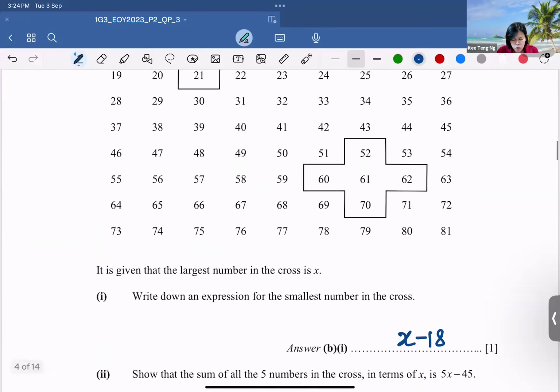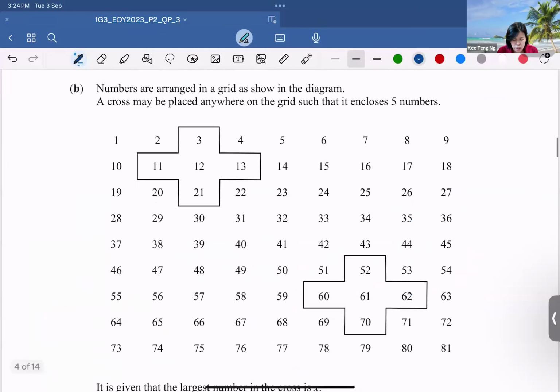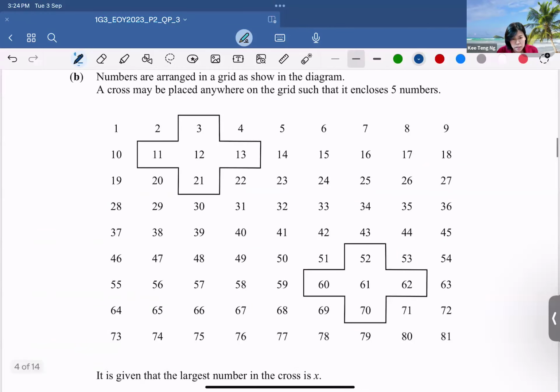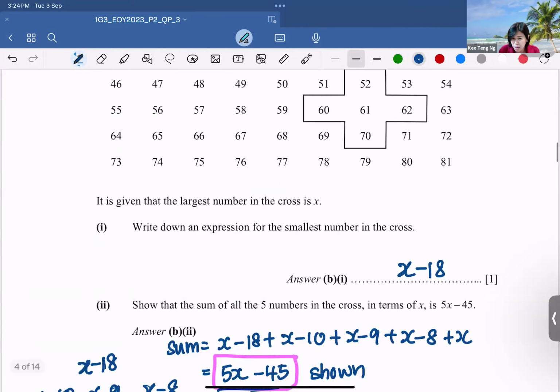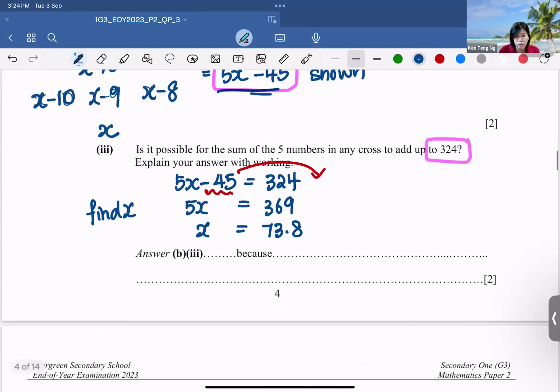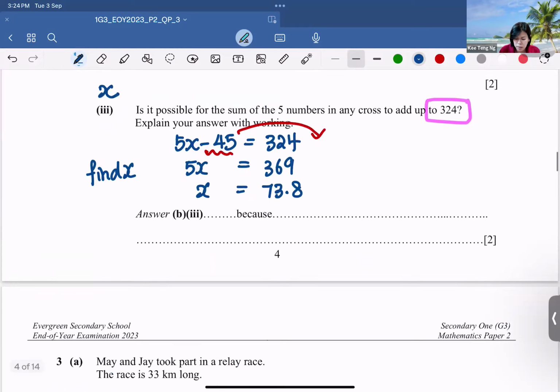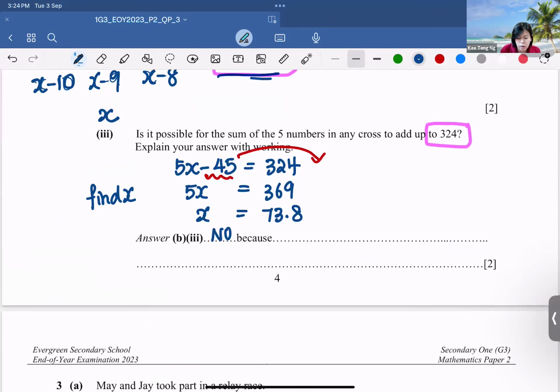Thank you, Xing Ling. You notice that all the numbers here in the cross are not decimals. Everything over here is an integer. So I have to explain whether it is possible. No, not possible, because x equals 73.8 is not an integer.